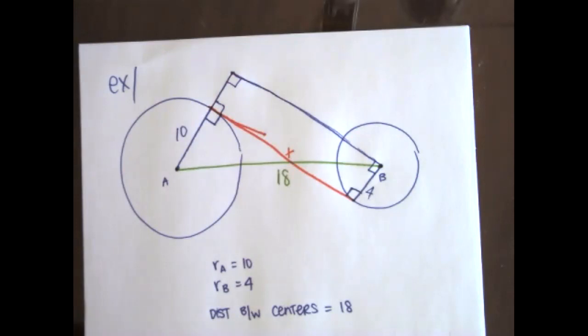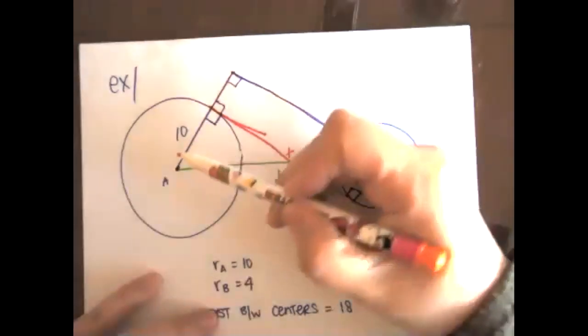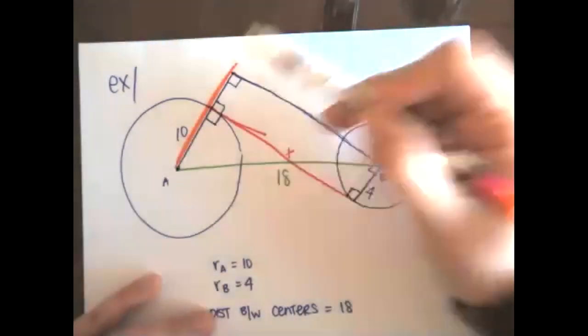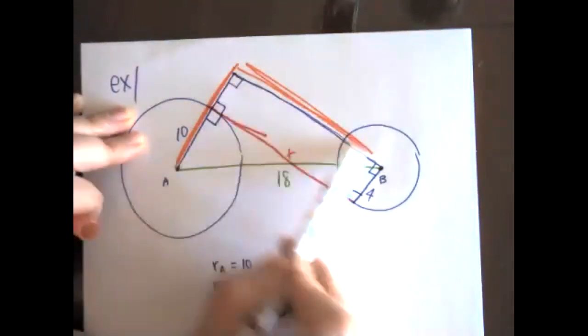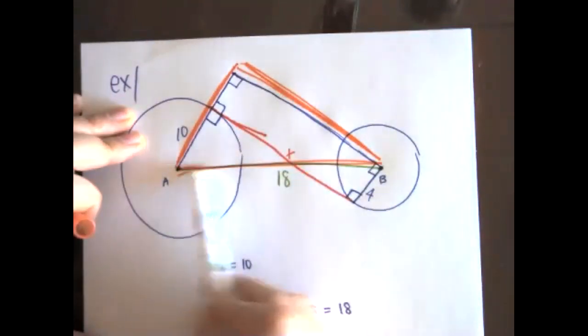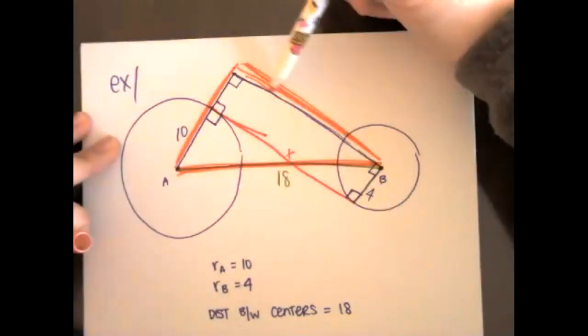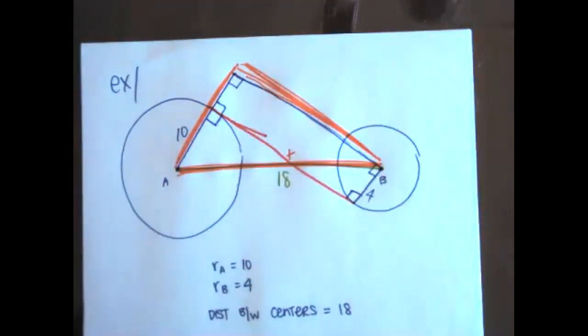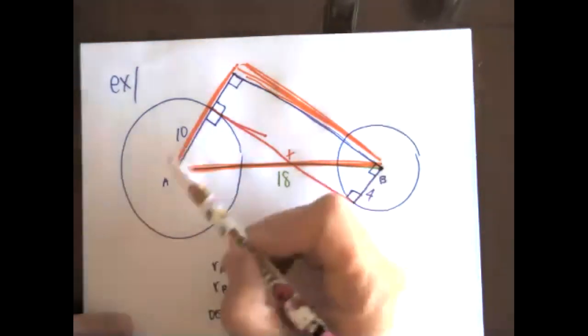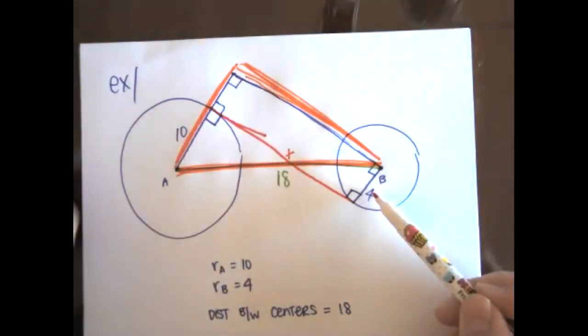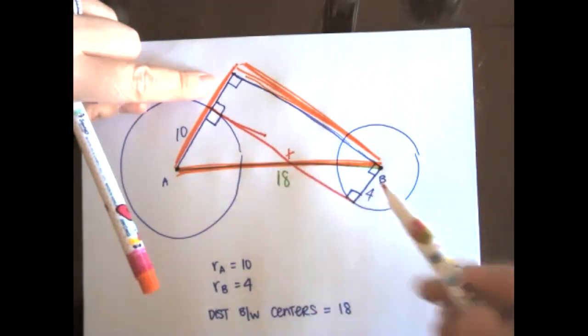So this time our right triangle is this big one right here. That's our right triangle. So this side is 10. This side is 4. It's a rectangle, right? So this side is 4.